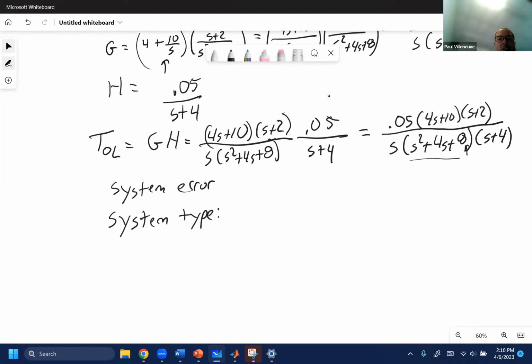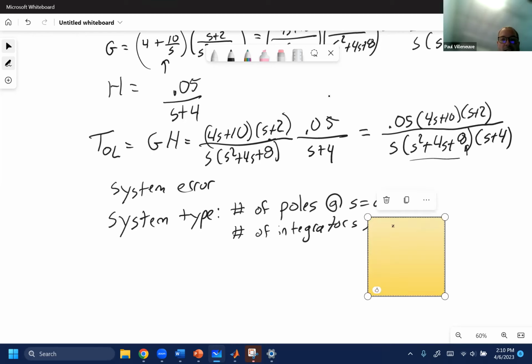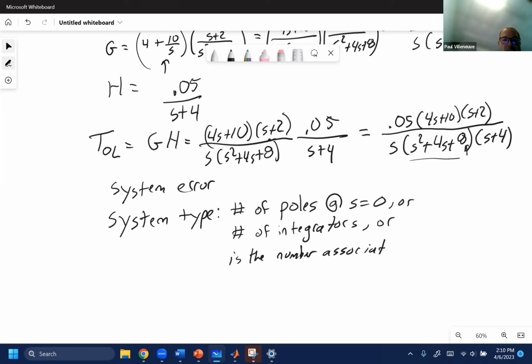So system type, if you're not sure, is the number of poles at S equals 0, or another way to say that is the number of integrators, or it is the number associated with the S to the number term.